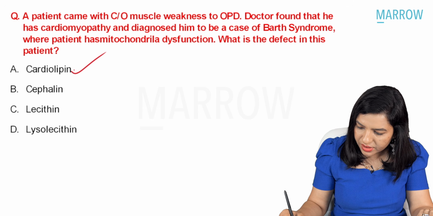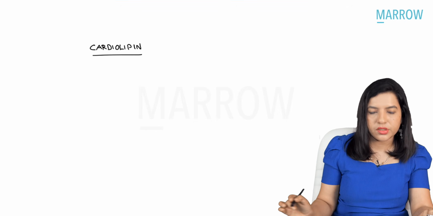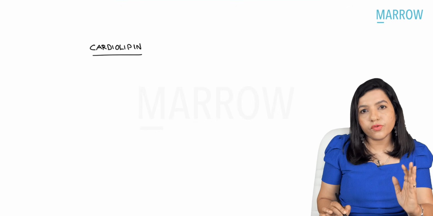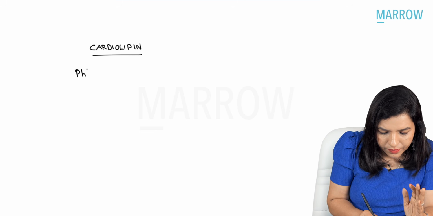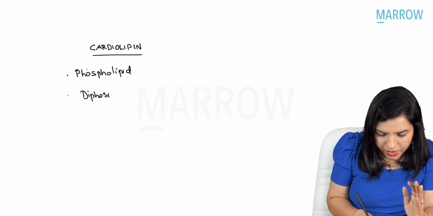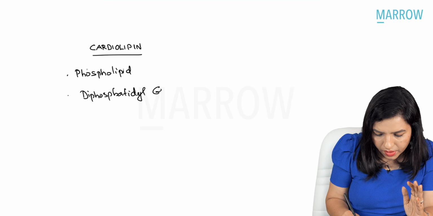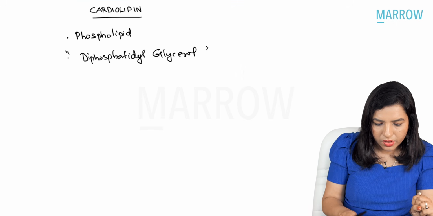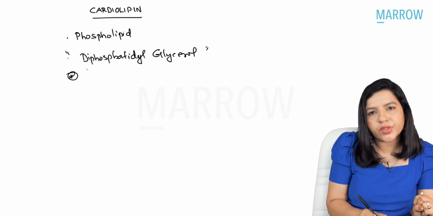So let me discuss a few things about Barth syndrome and cardiolipin. Cardiolipin is a phospholipid. And what is it? It is diphosphatidylglycerol. That means two phosphatidic acids and one more glycerol. So why is it called cardiolipin?